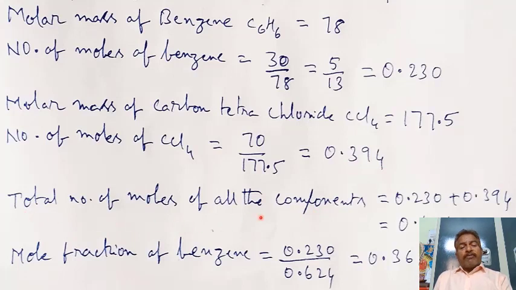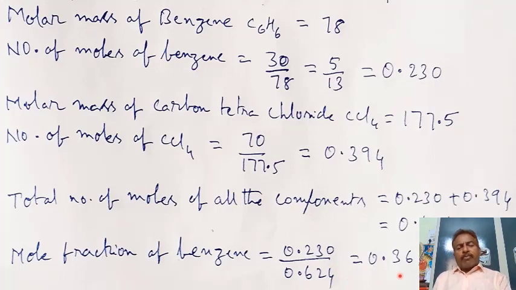Now the total number of moles of both components, benzene and carbon tetrachloride, is 0.230 plus 0.394, which equals 0.624. Now mole fraction of benzene equals number of moles of benzene by total number of moles. That is 0.230 by 0.624, which equals 0.36.